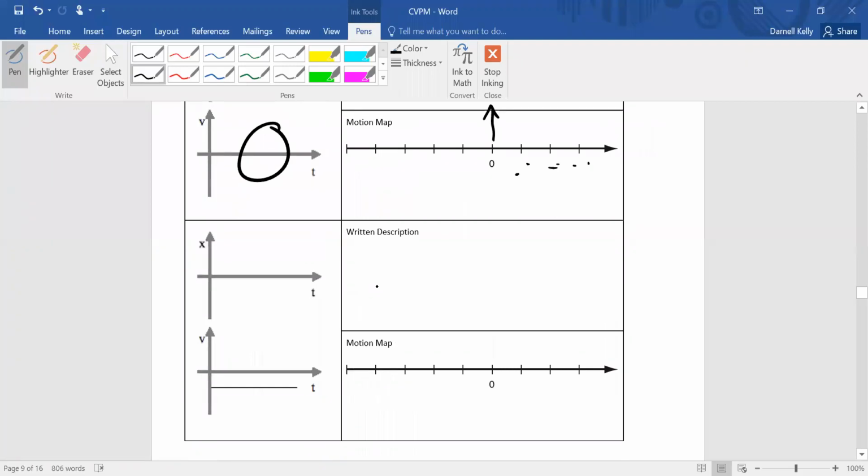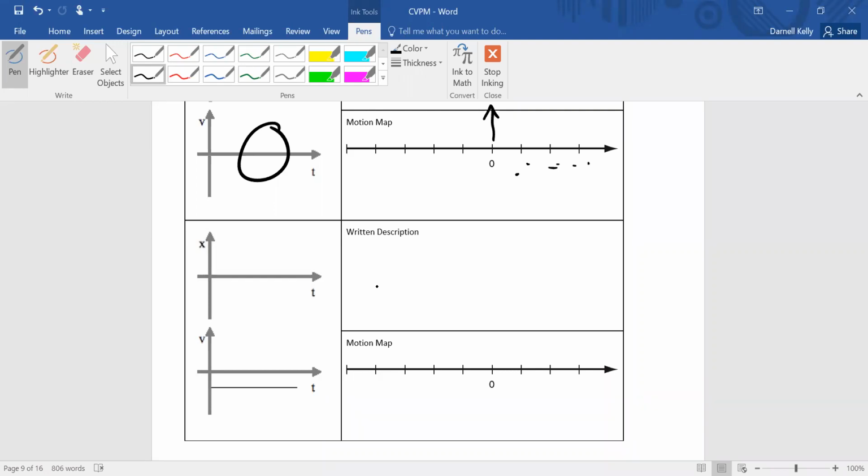Now for this one, it's a little bit trickier. I will just write this in. The next time, or very shortly after, I'll give you some additional worksheets to help you translate from position-time to velocity-time to acceleration-time.